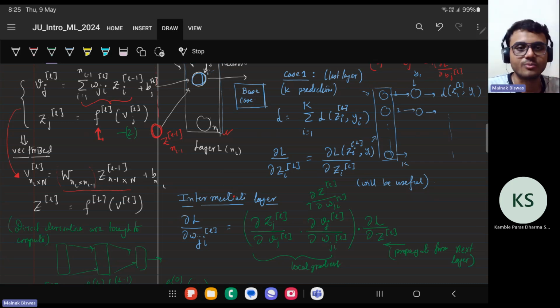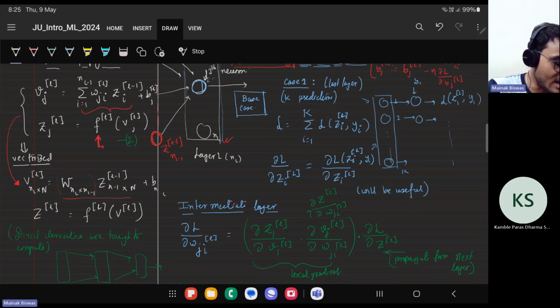This is how you propagate it from the next layer. That's the idea. So what you see over here is dl dw can be written this way. This is the intuition that I have.